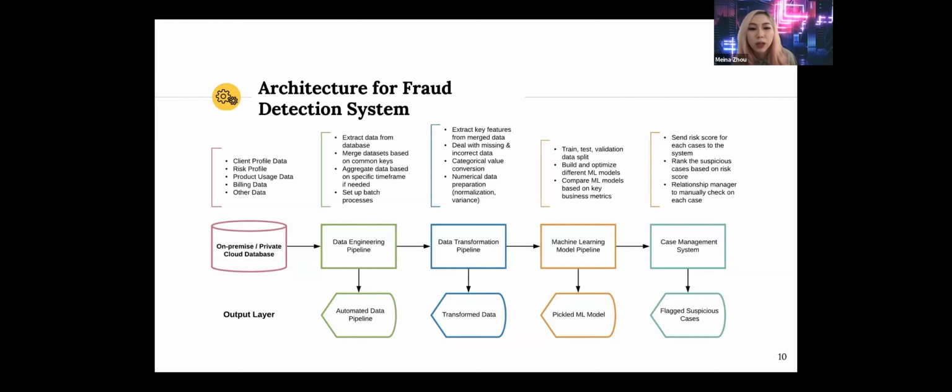And once we have set up the data engineering pipeline, we'll go to the data transformation pipeline, which will contain, first, we're gonna extract the key features from the merged data. We'll also be dealing with the missing data and the incorrect data problem. So I think many of the data scientists have already talked about the importance of the data quality.